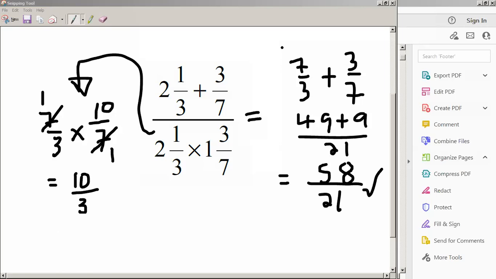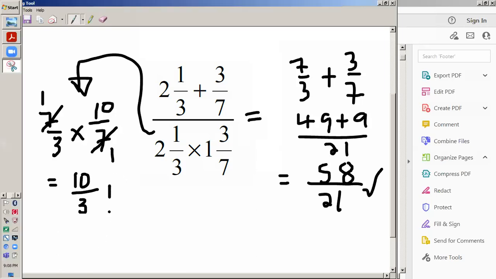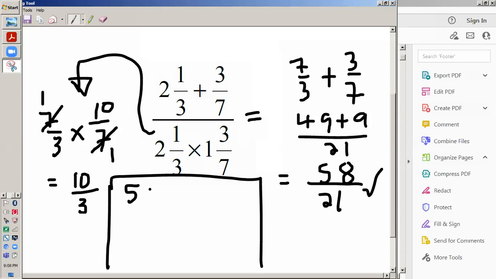All right, go ahead, ma'am. Okay, so you would have 58 over 21 times, you would then flip it, so you would have 3 over 10. And then you would see what you can cancel out.